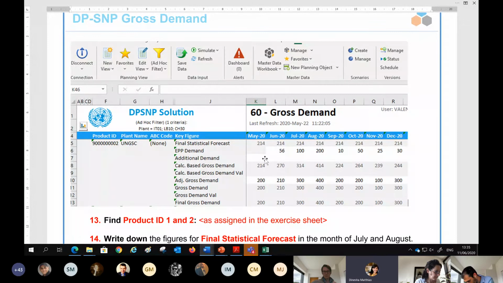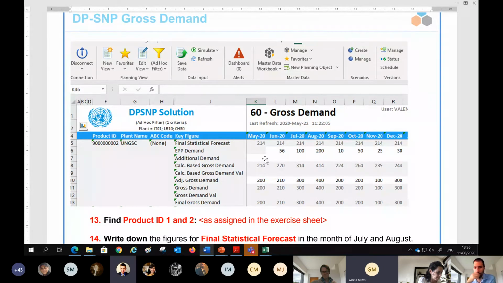At this point, you're making the final adjustments to the gross demand, and you may want to increase or decrease additional demand a little bit more. That same key figure is presented here, so you can adjust it. So whatever adjustment you make in 50 or 60 should flow either way, automatically. Okay, thank you.